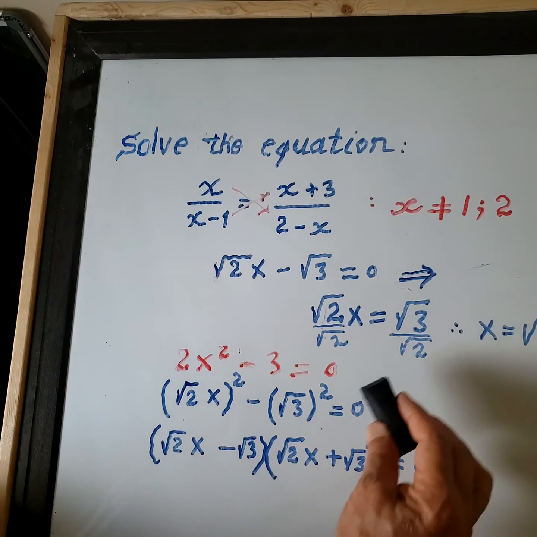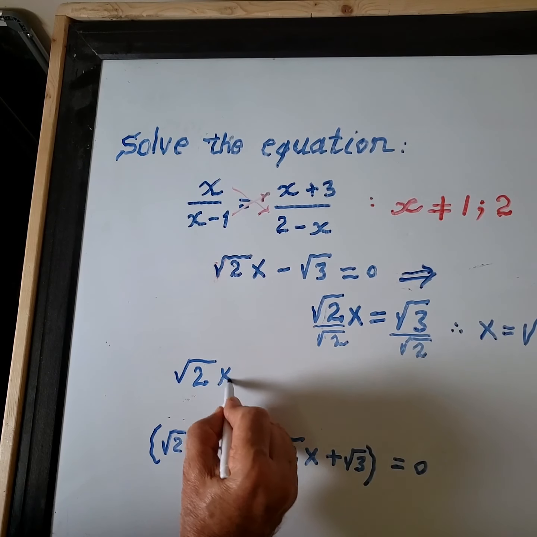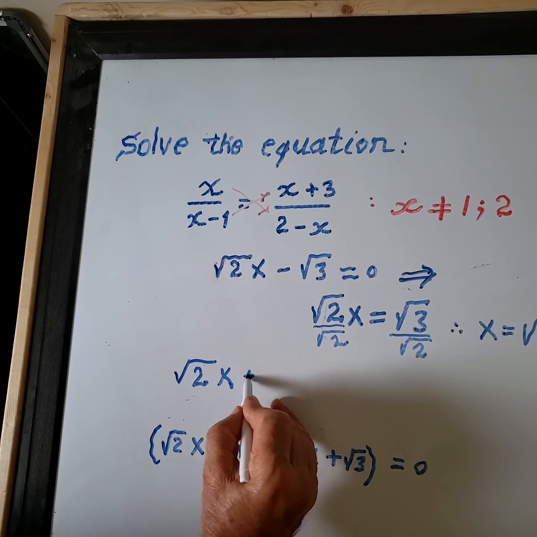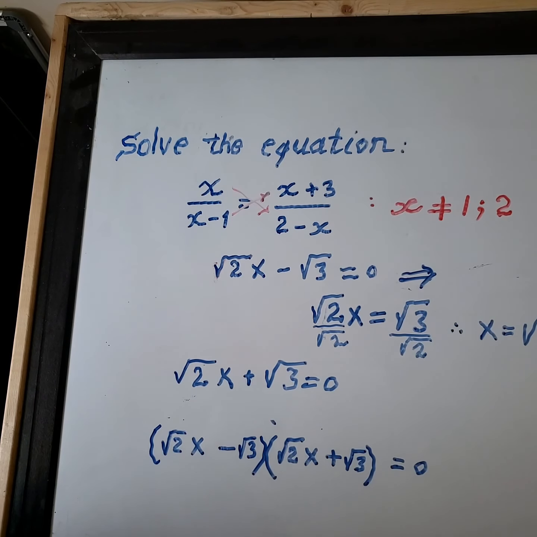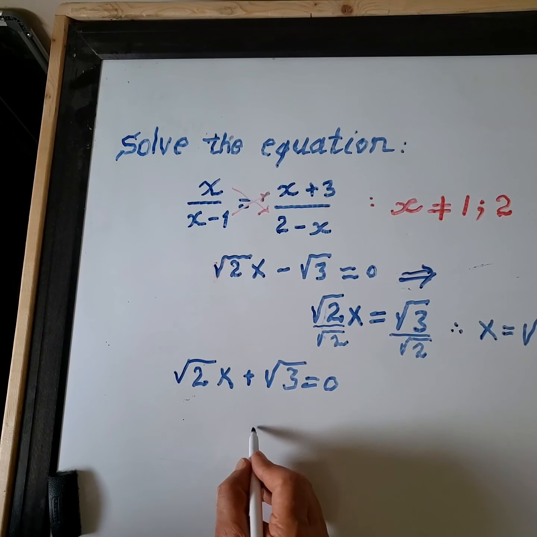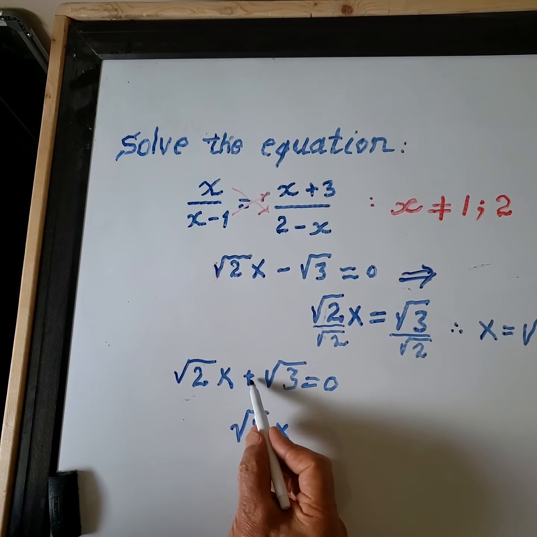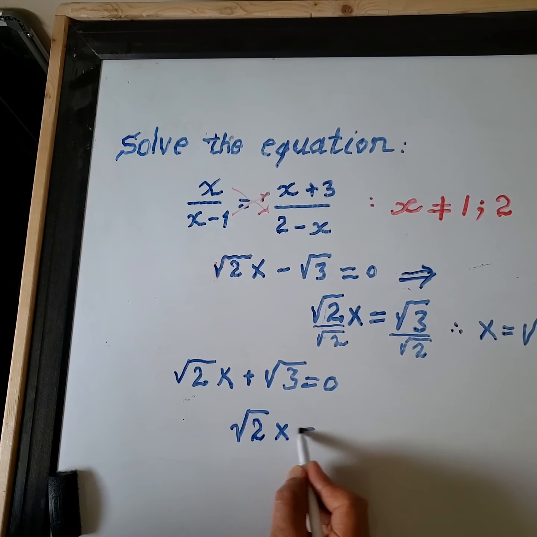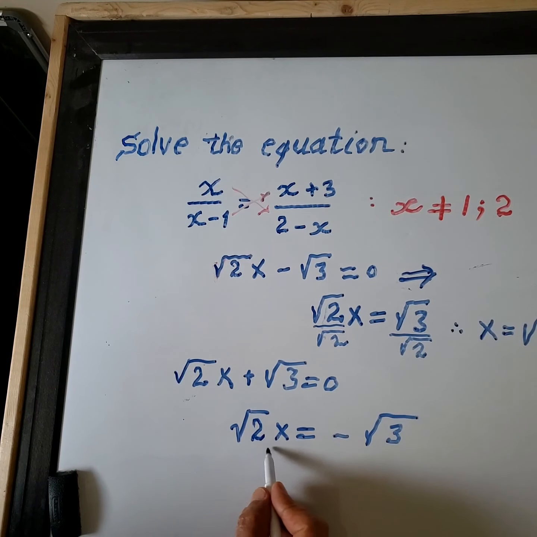Then let us go to the next two brackets. The next two brackets, this one here plus square root of 3 is equal to 0, and this can be solved by moving this to the other side, so we can write square root of 2 times x, and this one moved to the other side, the sign will be changed into minus, then divide both sides over the coefficient of x.